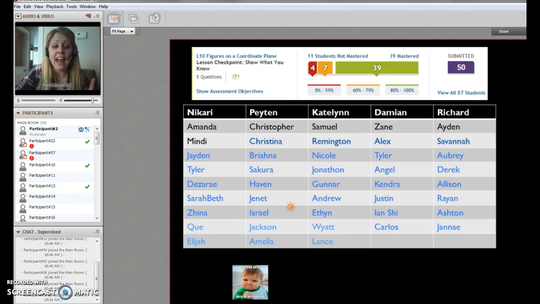I love that. And also at the end, when we're doing our checkpoints, I have some students say, I mastered with 100% or 80%, 86%, whatever it is. 80 is mastery. So if you get 80% or above, that makes me happy.